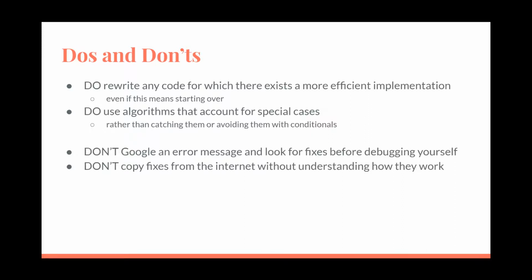Now, a couple of the don'ts, and I know I've stressed this already, and this is just a huge thing I see. Don't Google an error message or look for fixes before you actually debug yourself, because you're only wasting your own time. Your error is specific to your situation, and it might happen that somebody else had a similar sort of error that was specific to the same situation, but you don't know that.